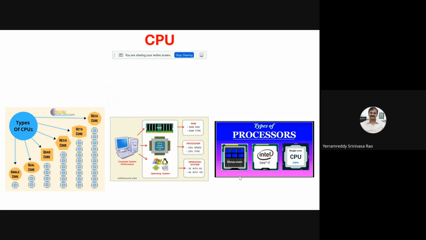So when I am talking about intelligence, smartness, I mean the computational power, right? How many instructions I can execute, how much data I can process, all depends on the power of the CPU.